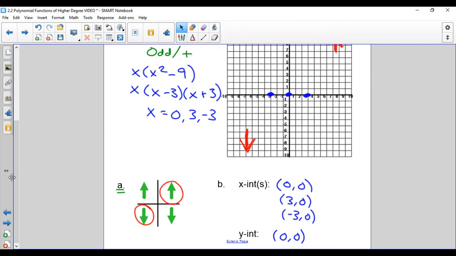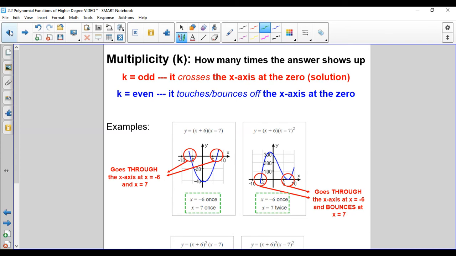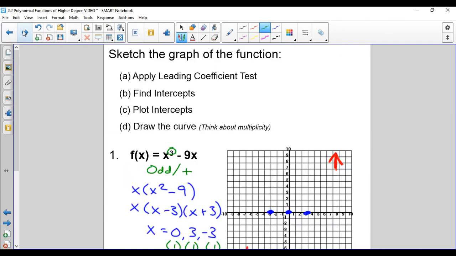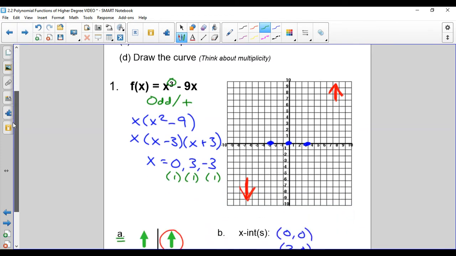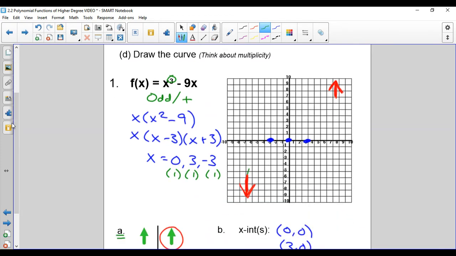Now, each of these answers only shows up one time. So for multiplicity, we look back here: if it's an odd multiplicity, it only happens one time. It crosses the x-axis. It goes through the x-axis. So now we just have to connect some dots.